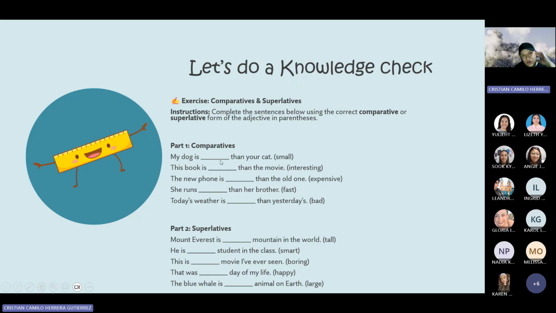You have to use the comparatives in these first two sentences. So, Lorenzo, are you here? Yes, sir. So, how would you develop these two sentences using the comparatives?